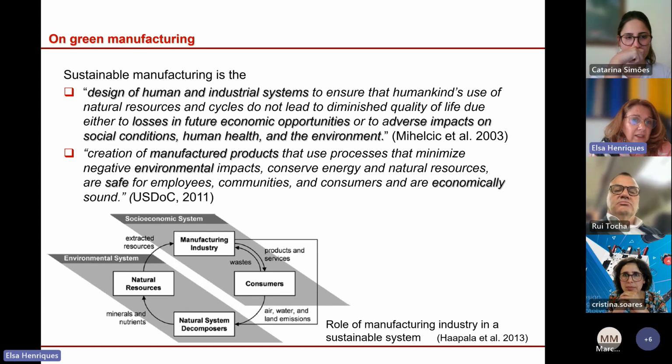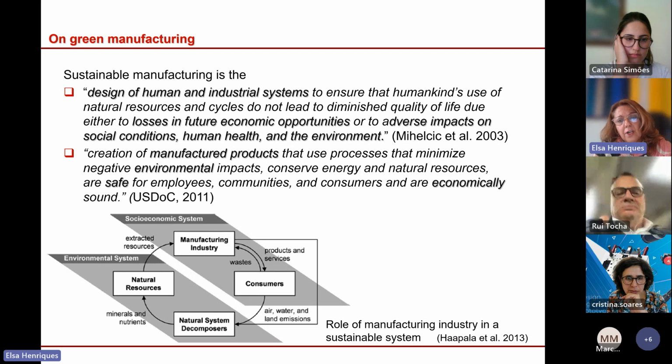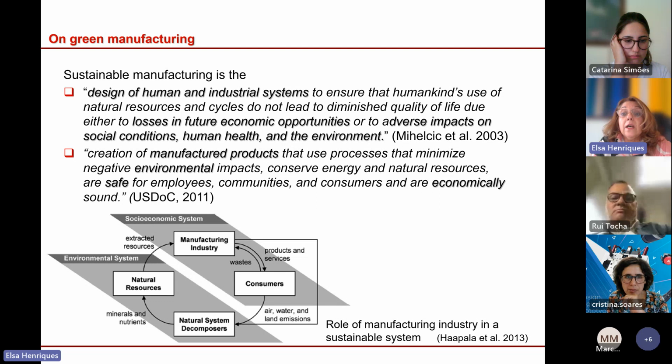And other definitions mention that sustainable manufacturing is the creation of products that use processes that minimize the negative impacts, conserve energy and natural resources, and are safe for everyone around the product, and of course are economically sound.